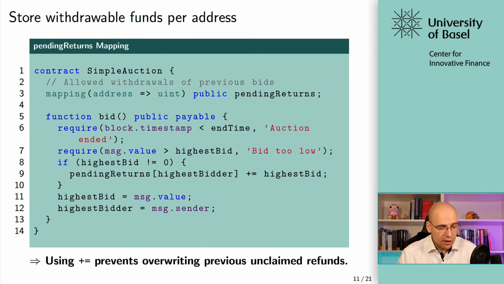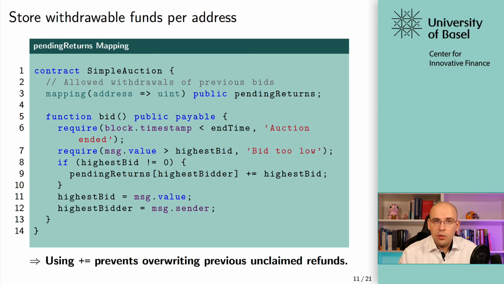So imagine a situation where a specific address has already bid a certain amount, then has been outbid, then bids again a higher amount, and is outbid again. Of course, in that case, you don't just want to take the second bid of the outbid bidder.